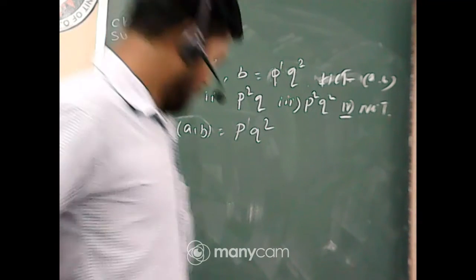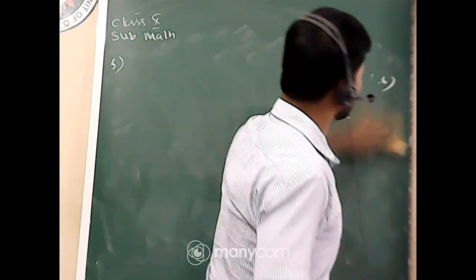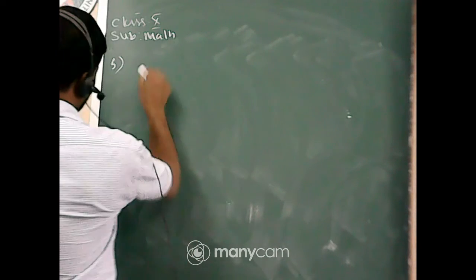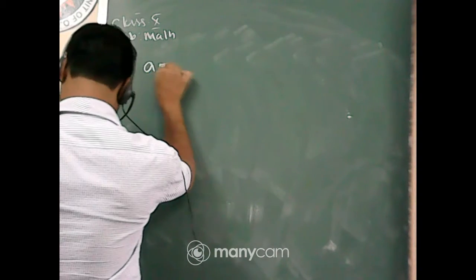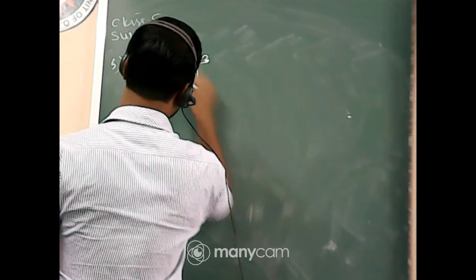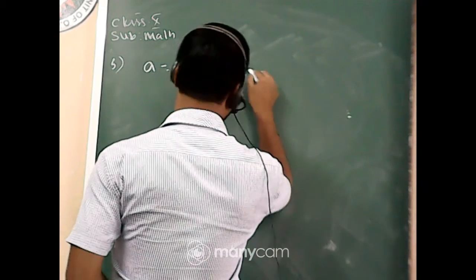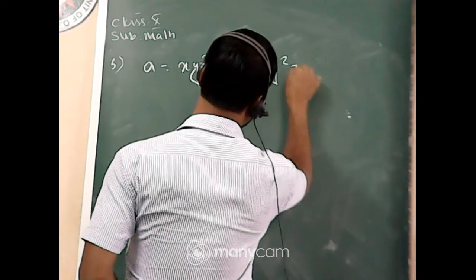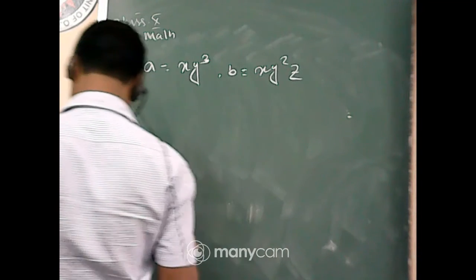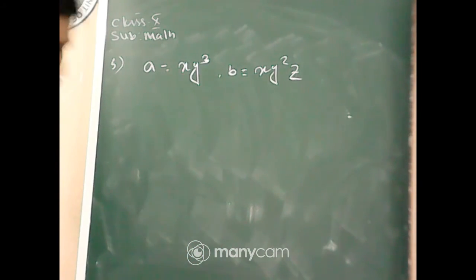Okay, I'm giving one same type of question here. Suppose we have two numbers A and B, where A is equal to x into y cube and B is equal to x y square z. x, y and z are prime numbers, prime to each other.